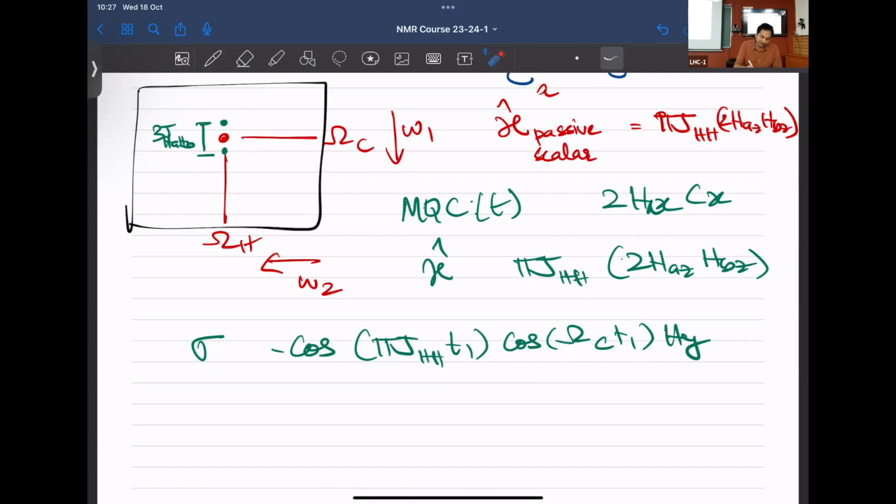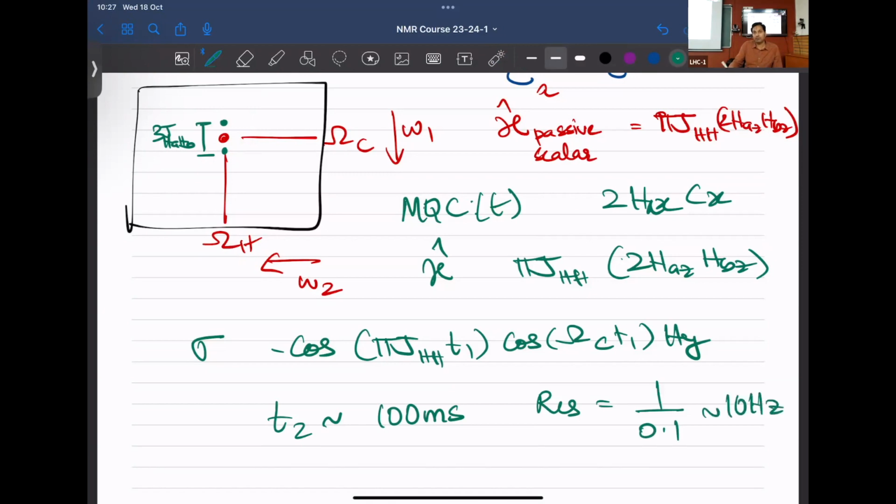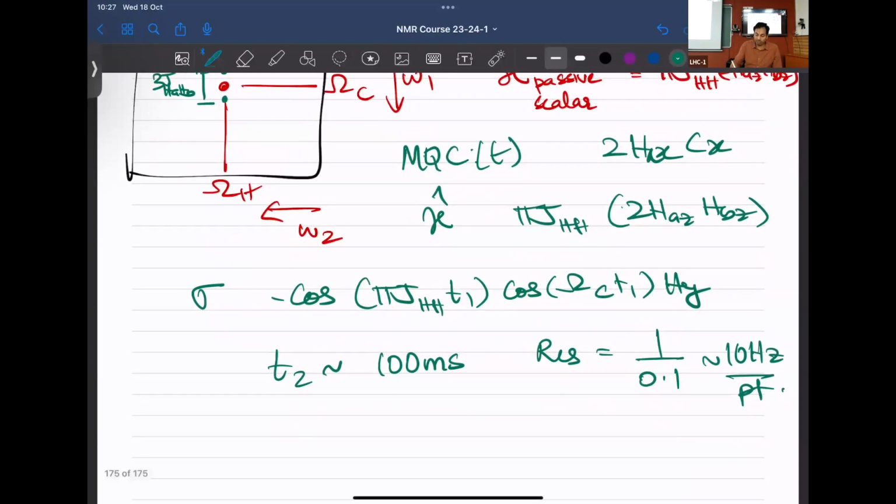If you keep the acquisition time on T2 at something like 100 milliseconds, the resolution is 1 over 0.1, which is 10 hertz per point, right? If your 3-bond proton-proton coupling is just 10 hertz, you will not see that splitting. You don't have the resolution to see it.